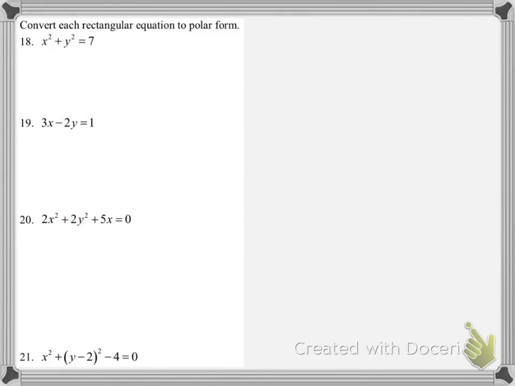All right, so now we're going to work on converting these rectangular forms to polar forms. Now, real quick, just to remember that x squared plus y squared is equal to r squared, which is equal to 7. Therefore, r is equal to the square root of 7. All right, so the next problem here, we're going to replace x with r cosine theta, and we're going to replace y with r sine of theta.